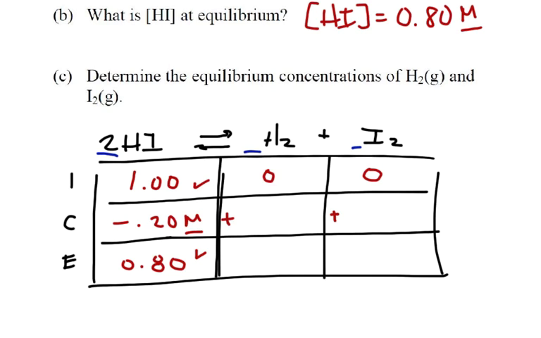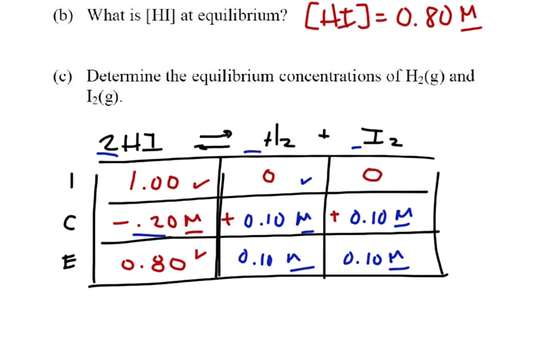So if we use up 0.2, we must be making 0.1 moles per liter of the other two chemicals. So 0 H2 to start with, we make 0.1. So at equilibrium we have 0.1 and 0.1 of our H2 and I2. So here's our equilibrium values of all three chemicals.